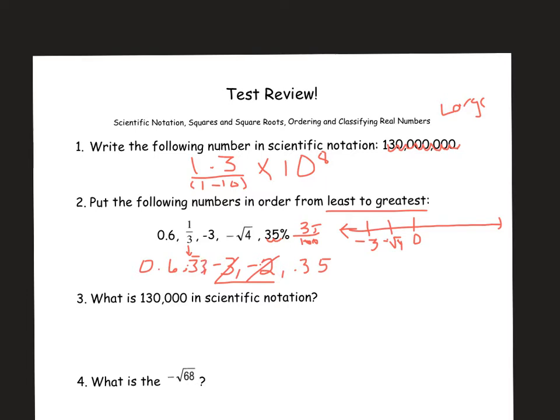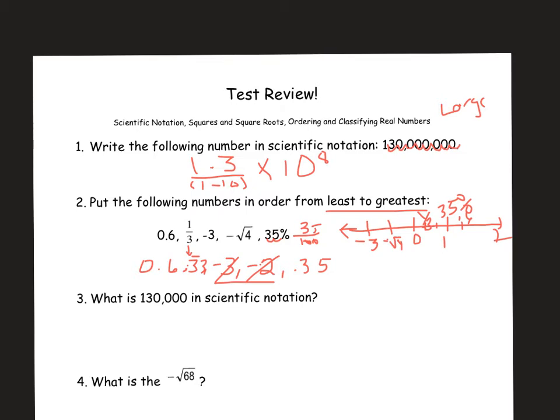So when I look at the following values, I know the least amount is going to be 1/3. So if here's 1, I know 1/3 is going to be next in line. And then 35% would be next in line. And finally, 0.6. And I know I can't make it fit because my 1 should be over here.